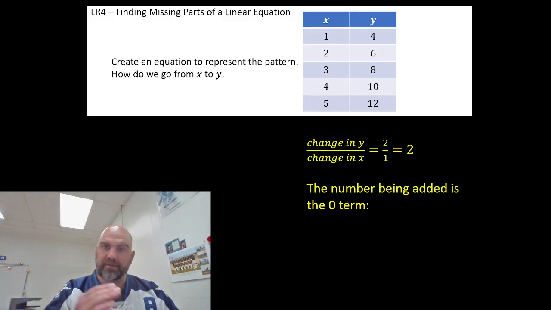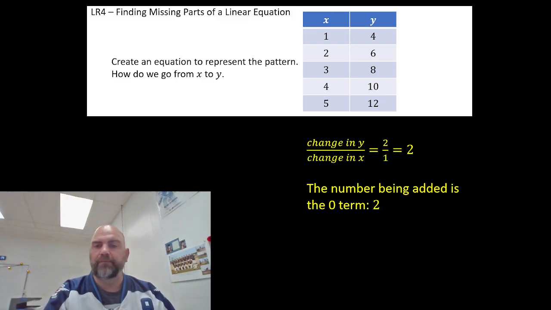The zero term happens to be just above the 1 on there. So if we look back at the y's, again, we're going up by 2 each time. So if we go back to here, then our zero term is going to be 2 in this case. Sometimes it's easy to see, sometimes it's a little more difficult to see.